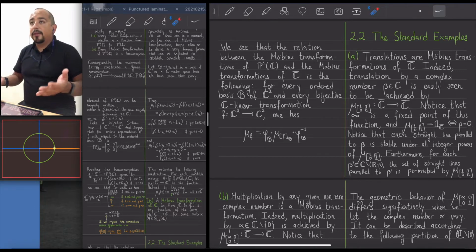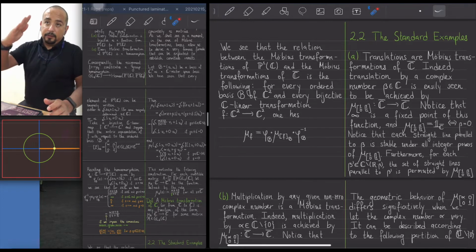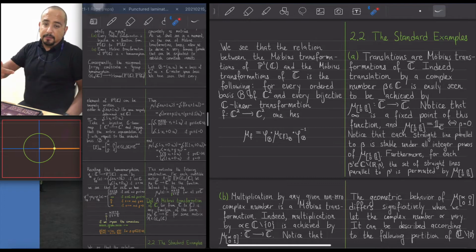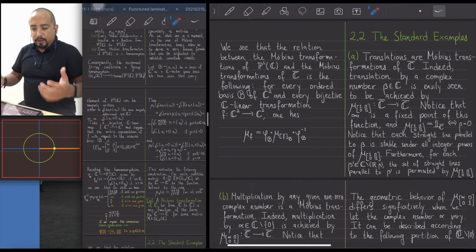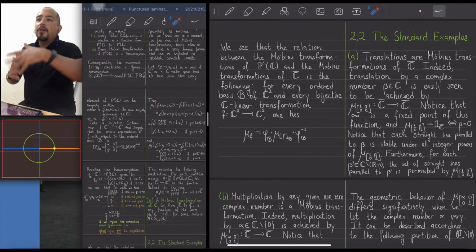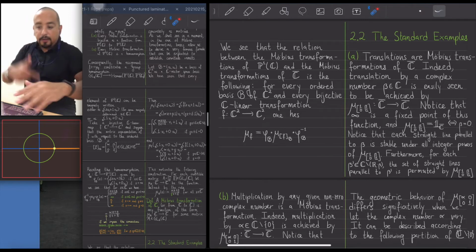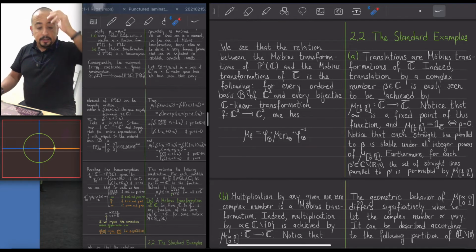Well, the family of straight lines parallel to beta has this property, but it is kind of boring because each one we know is already stable. So the way the Möbius transformation permutes the family is trivial. It just permutes it as the identity, right? But something more interesting: any family of parallel lines not parallel to beta is permuted by translation by beta.